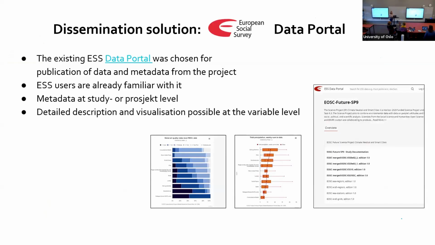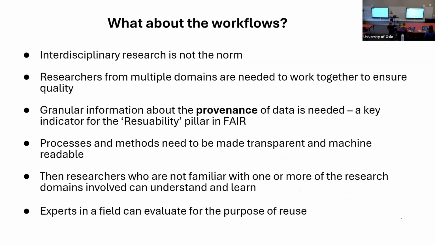So now we published this in the ESS data portal. It's quite nice. As you see, you can look up easily what we have as data, little graphs and so on. And in addition to metadata at the study level or more minimal metadata, we have detailed description on the levels of the variables also for everything. So you can go in detail and see what we have.